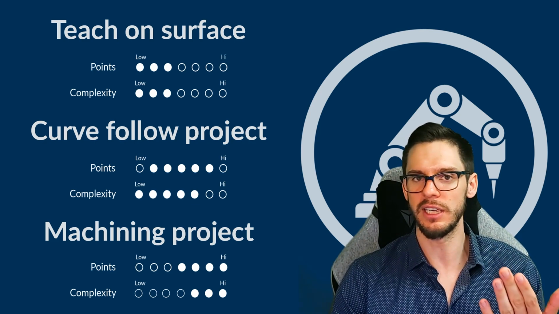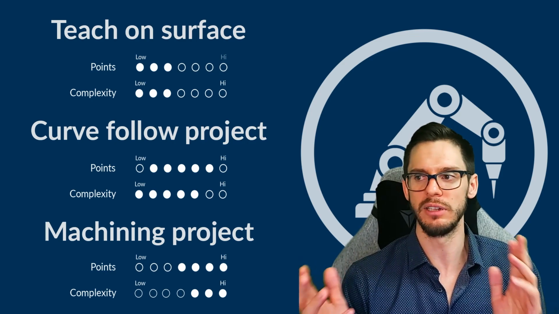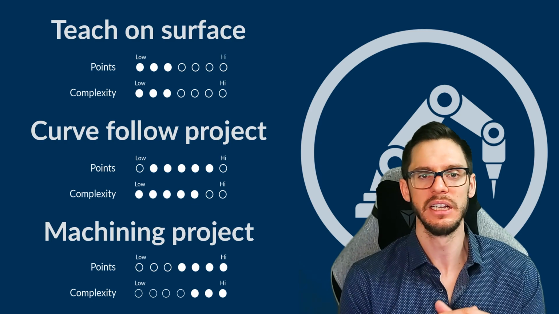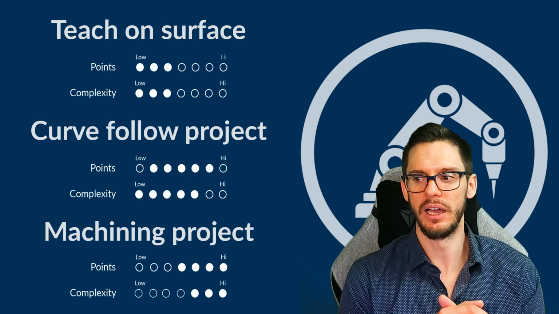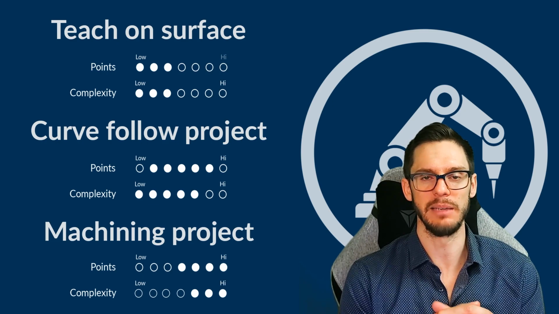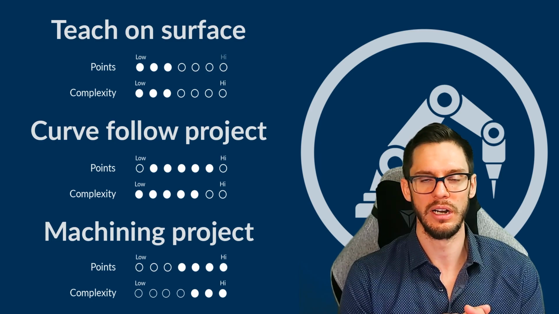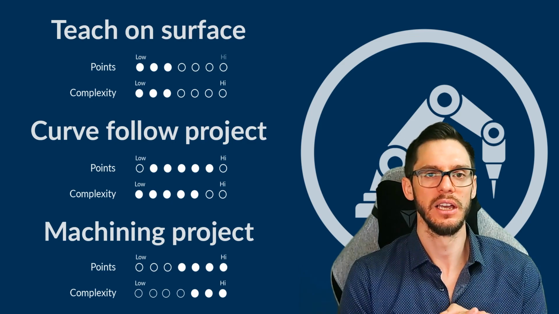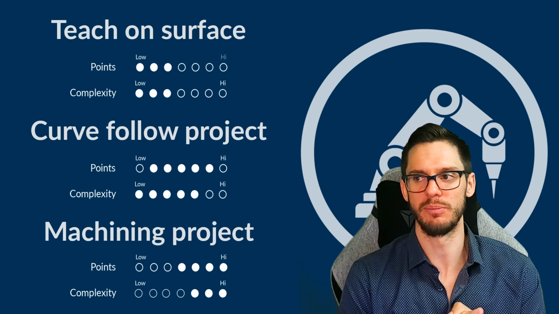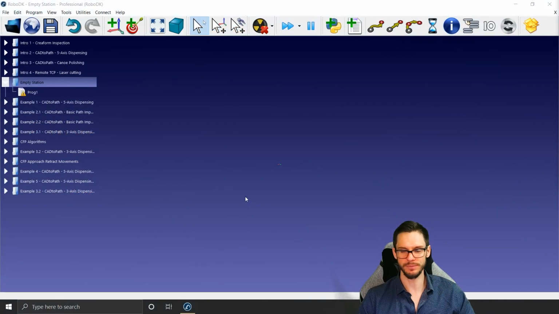The curve follow project is more versatile, so you can pretty much tackle any kind of difficulty. But at some point, if you want to do things like machining, 3D printing, deburring, things that have way more points, I would recommend you go for a machining project instead. Okay, so back to the presentation.